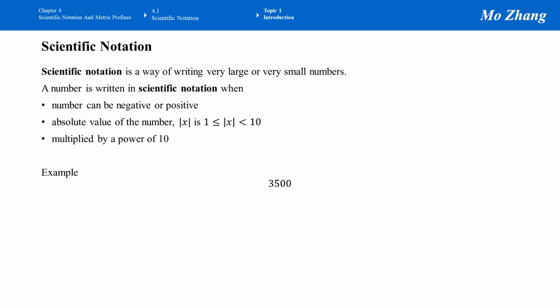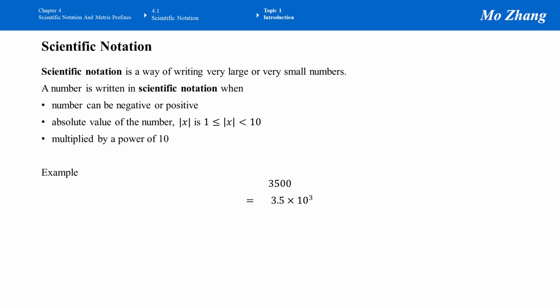For rule number 3, when a number is expressed in scientific notation, it needs to be multiplied by a power of 10. Let's take a look at some examples. Here we have the number 3,500. We want to express this number in scientific notation. The equivalent scientific notation is 3.5 times 10 to the power 3.